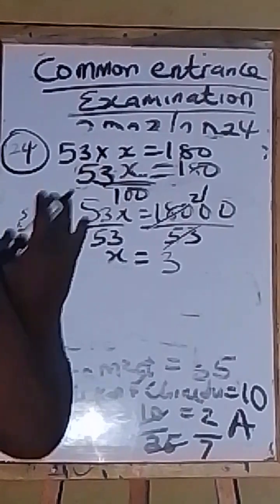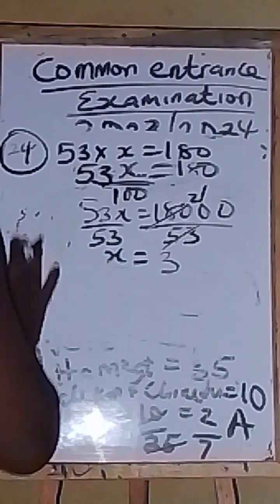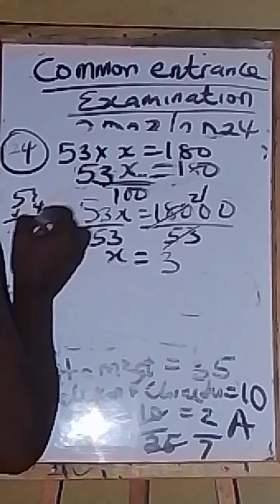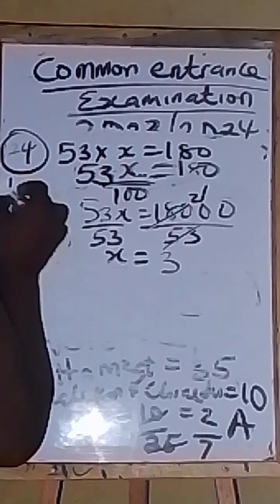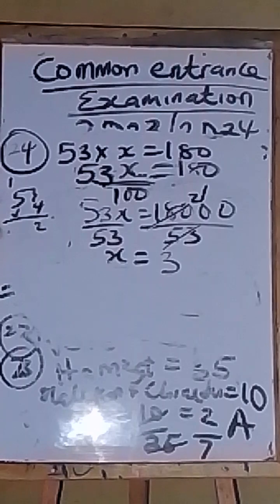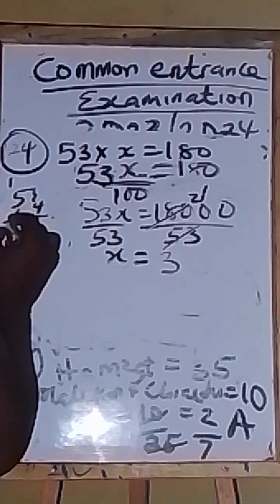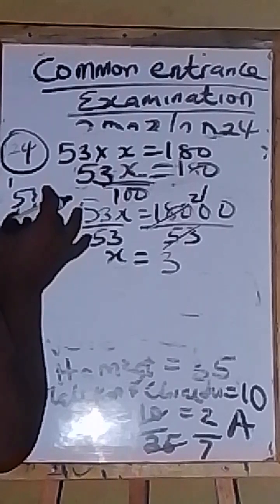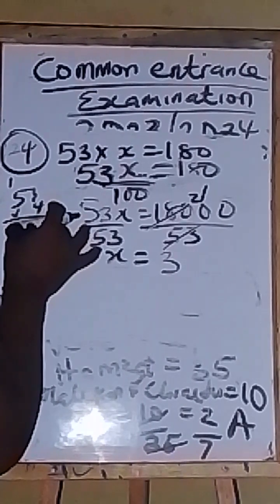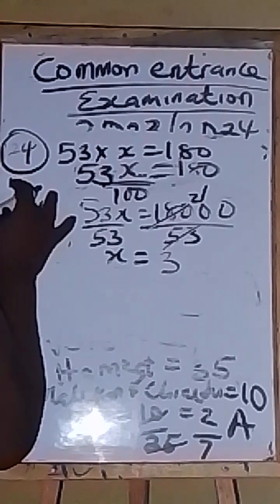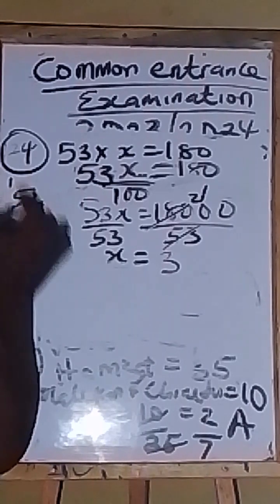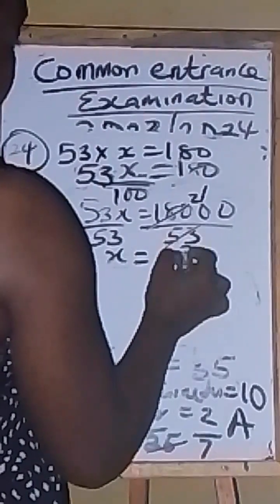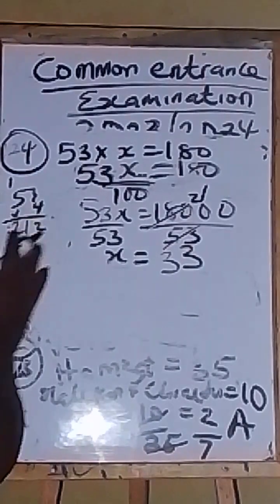Into 10, 53 into 10. 53 times 4, 4 times 3 is 12, 4 times 5 is 20 plus 1 is 21. So we assume we still have 3 again.